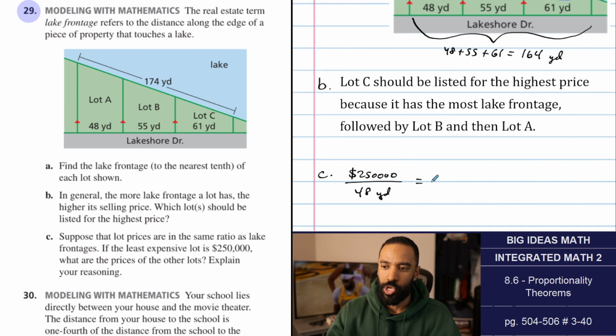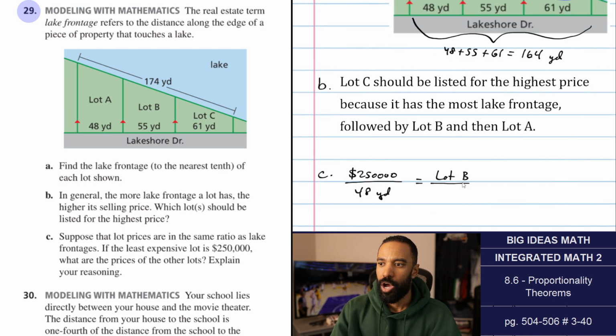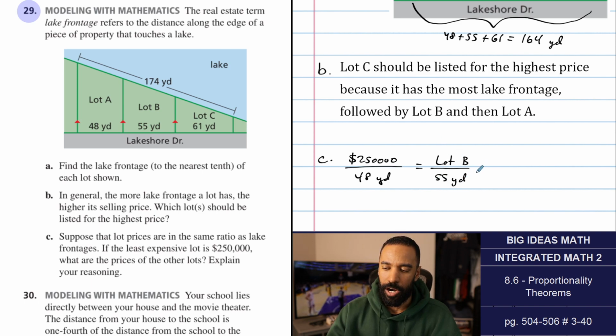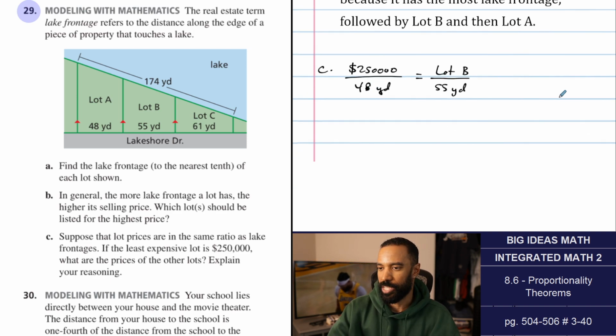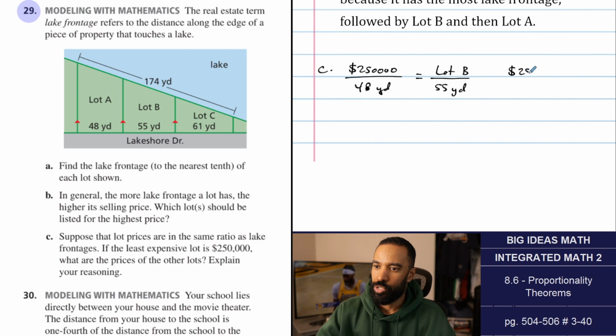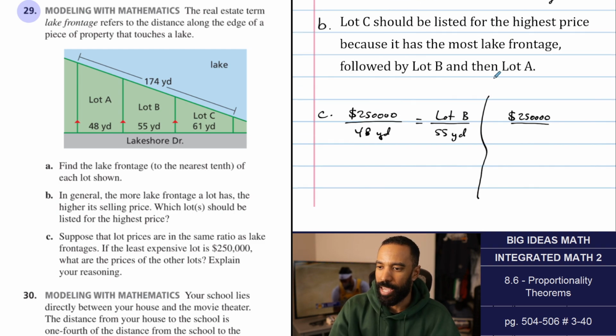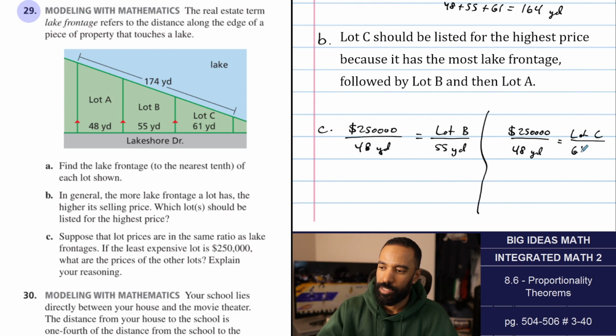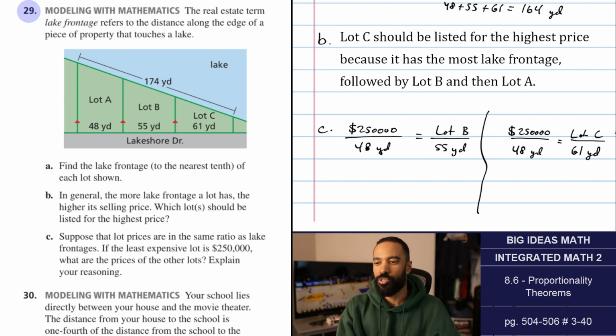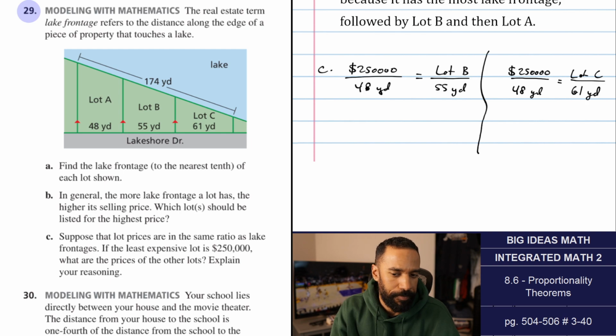So lot B price over 55 yards is what we can come up with here. And then I'll do the same thing for lot C: $250,000 over 48 is lot C over 61 yards. My explanation is in my math: it's proportionality. That should be fine. So I'll do some cross multiplication and solving here. Give me a moment.